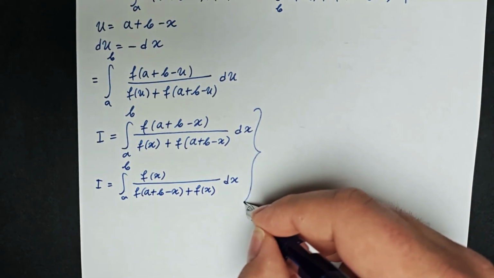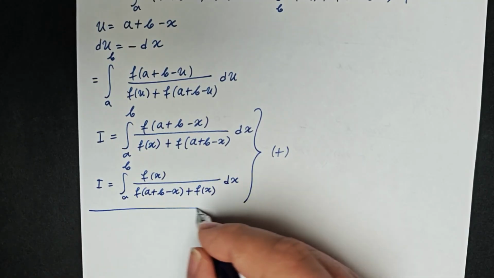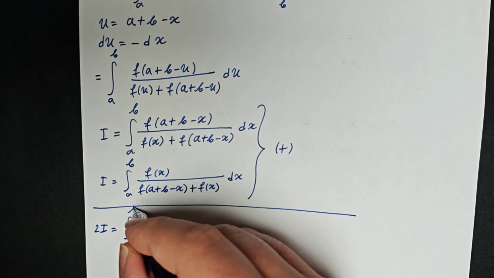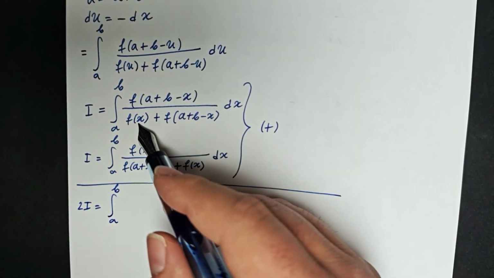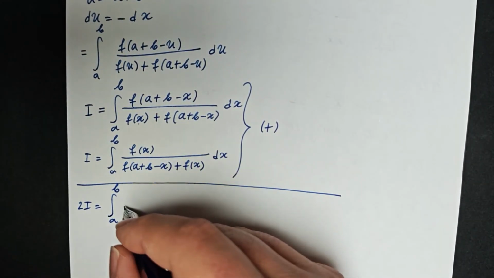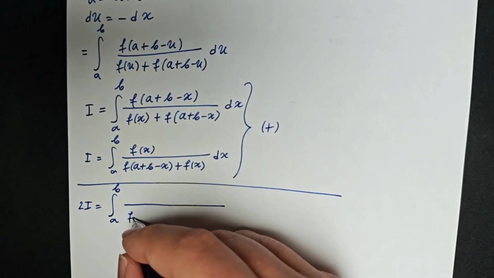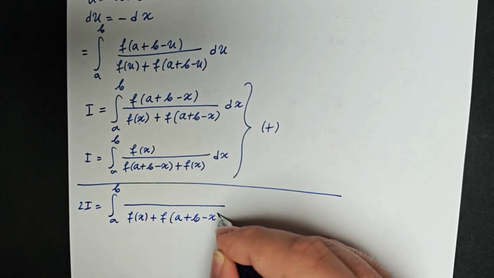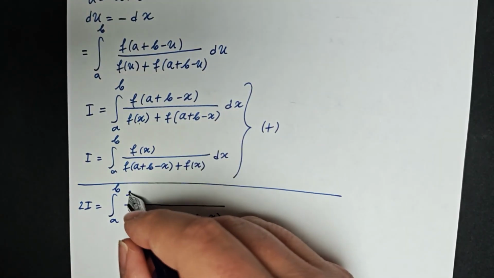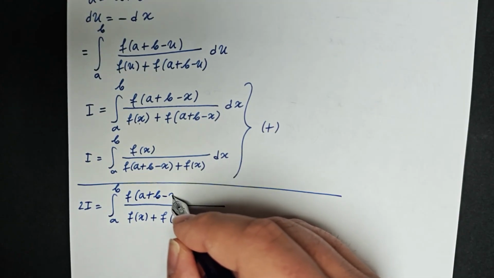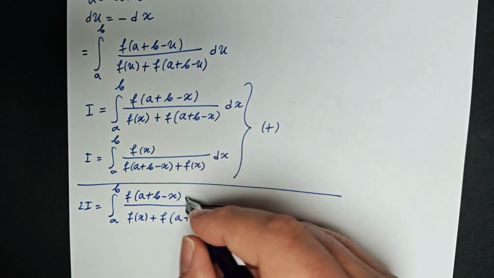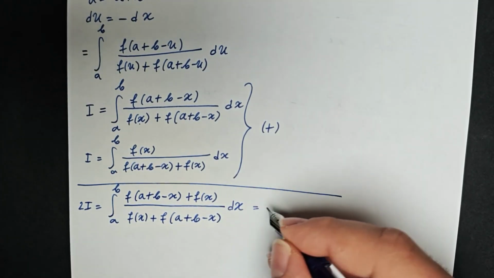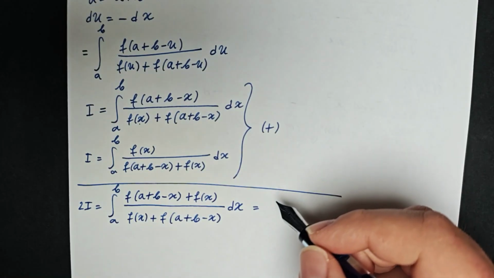Let's add these two integrals together, and then we get that 2I is equal to an integral from a to b. The denominator of both of these fractions is the same, so we get f of x plus f of a plus b minus x, and in the numerator we have f of a plus b minus x from the first integral and plus f of x from the second integral, and we are going to keep the differential with respect to x.